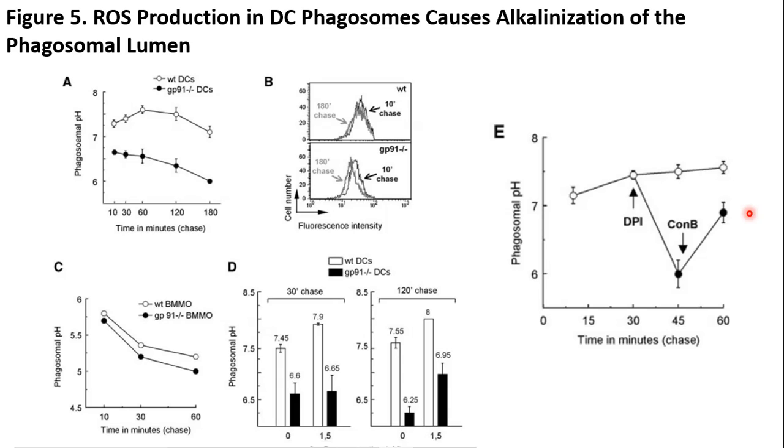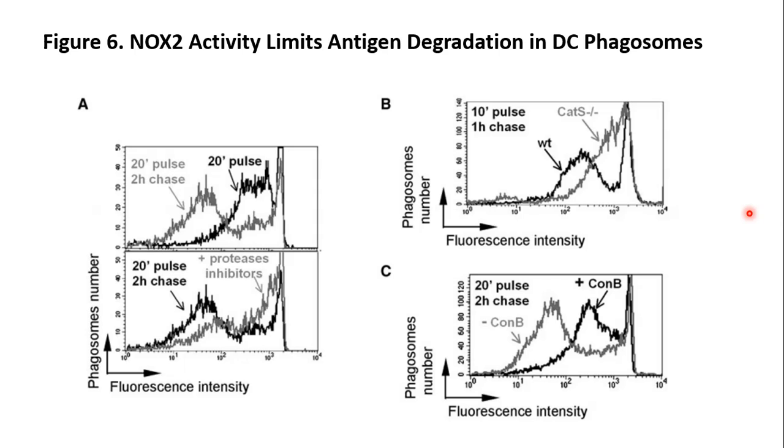So they next evaluated the functional consequence of such a drop in phagosomal pH in terms of antigen degradation. To follow antigen degradation sites in phagosomes, as opposed to endocytic compartments, they set up a quantitative cytofluorometric assay for phagosome degradation.